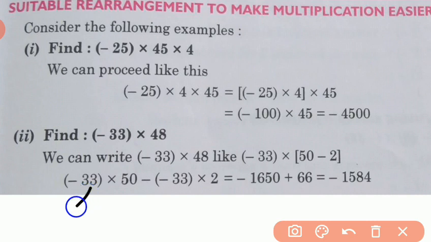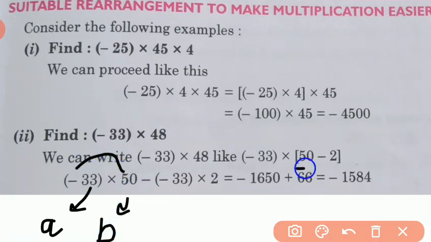So here what is the value of A? Minus 33, and B is 50. So first you multiply minus 33 into 50, and then here 50 minus 2, a minus sign is given, so we have to write the minus sign. Then A into C. A is minus 33 and C is 2. Now first we multiply, after that we will subtract.